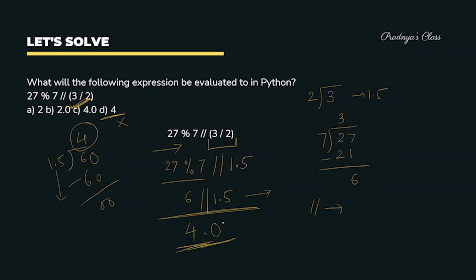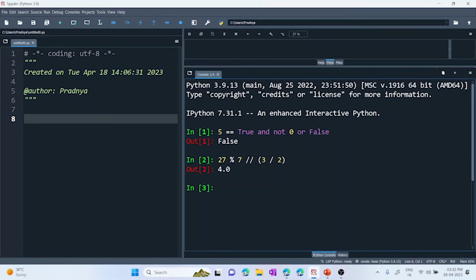But if any one is float, then it gives the answer in the form of float. So check out here, when I try to solve it in the IDE, we are getting answer 4.0, not 4. So keep in mind when we are doing floor division and if any one quantity is float, we will get the answer in the form of float. That's why we are getting answer 4.0, not 4.